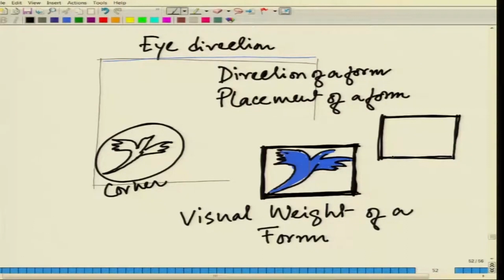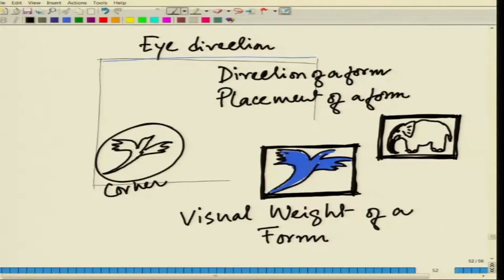It may look heavy because of many different aspects if it is an image of an animal, that is an elephant, and we know that that is a heavy animal. It also occupies a larger visual area. It will make it more stable.